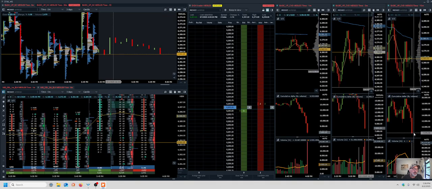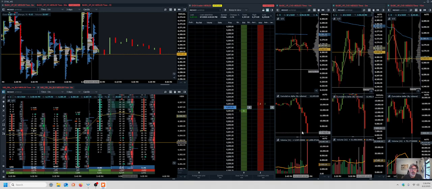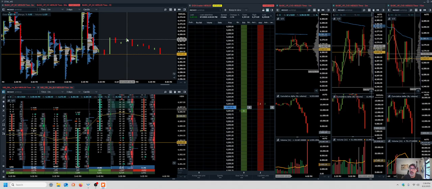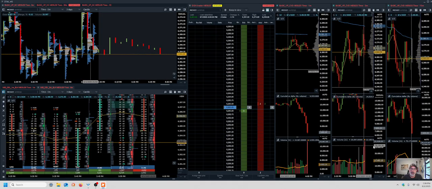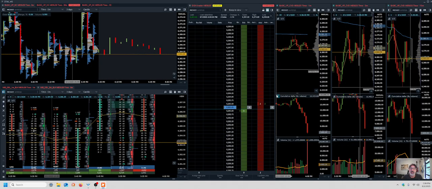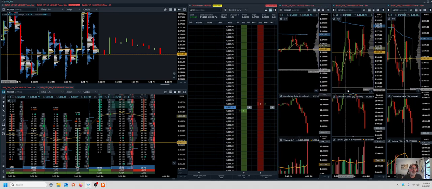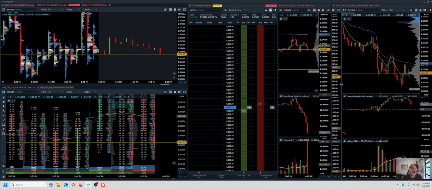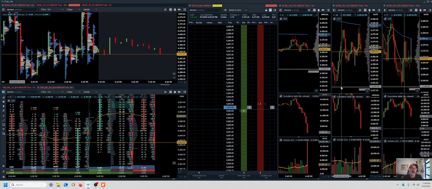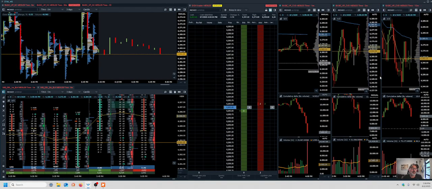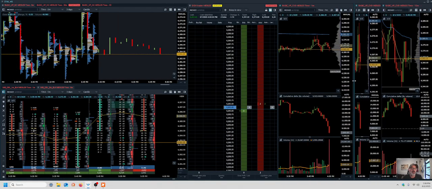So that's pretty much what I have. And what's nice about this platform called Quantower is that I can move everything over very, very easily.